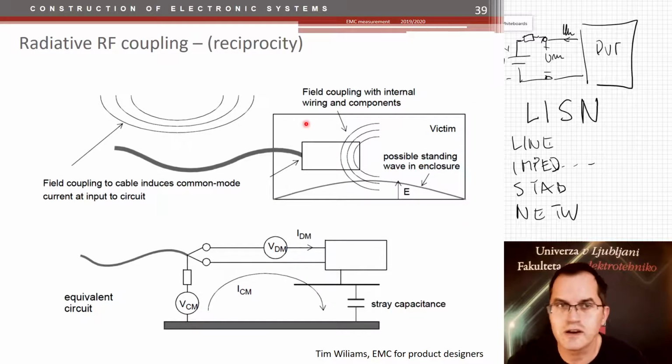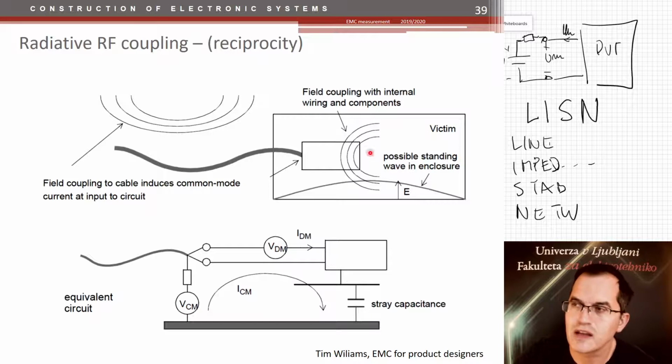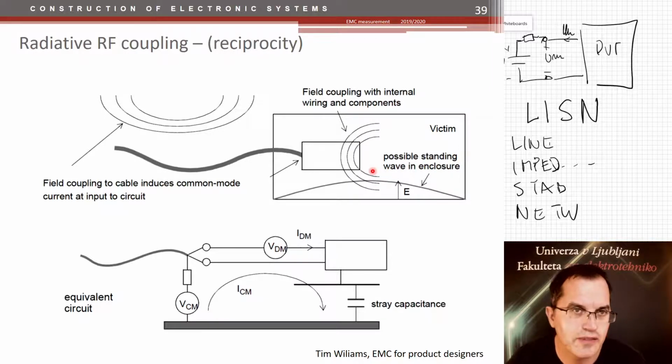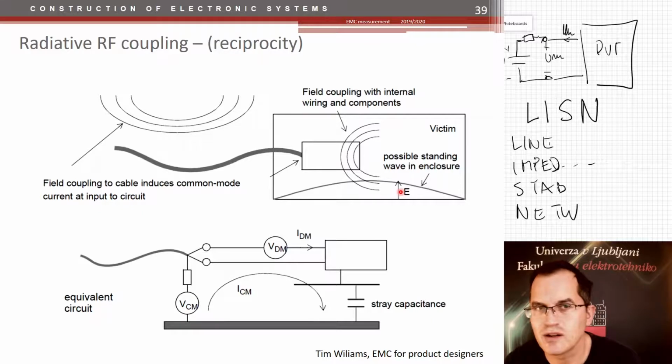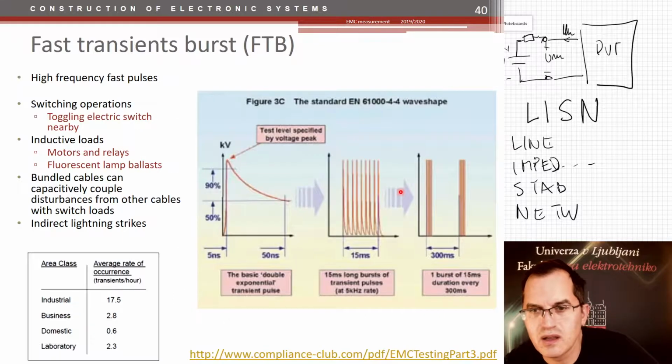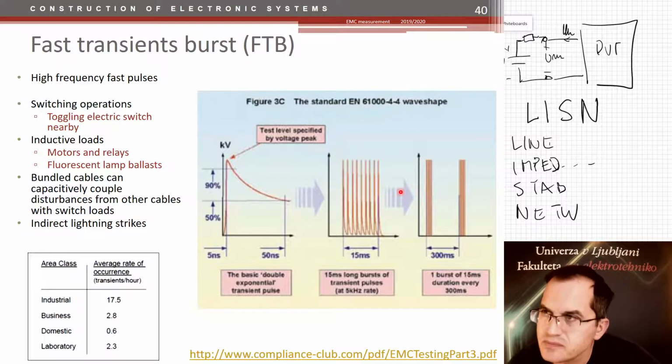So at a certain frequency you would get a standing wave, and then you would have a big hill of that wave at a certain position, and that would maybe cause problems. So sometimes it's not totally the same. Anyway, what is possible to do?